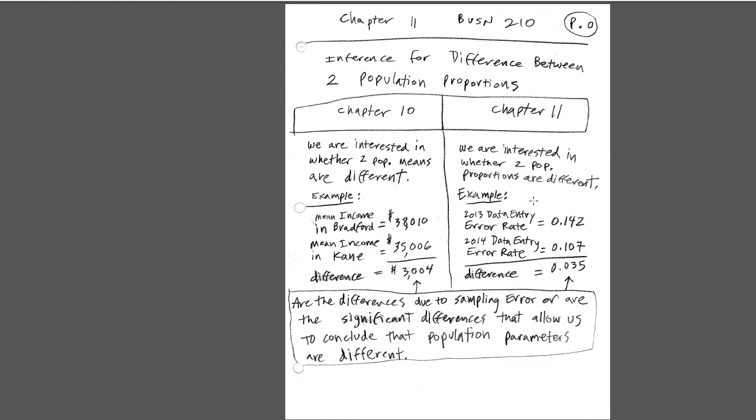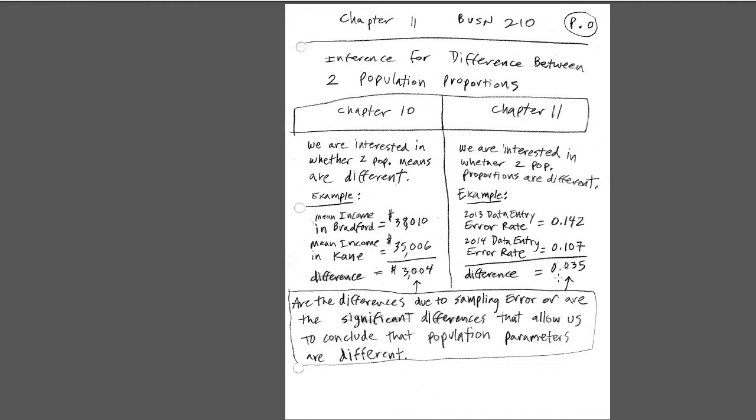That means we went out and we sampled data entry and checked whether there's errors. If there was errors, we had a yes. If there weren't any errors, we had a no. So we'll have a data set filled with yeses and nos. Remember, we had to use COUNTIFs to count how many yeses, and that's the answer, 14.2%.